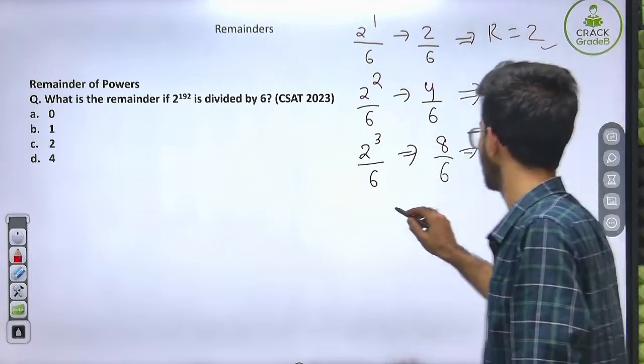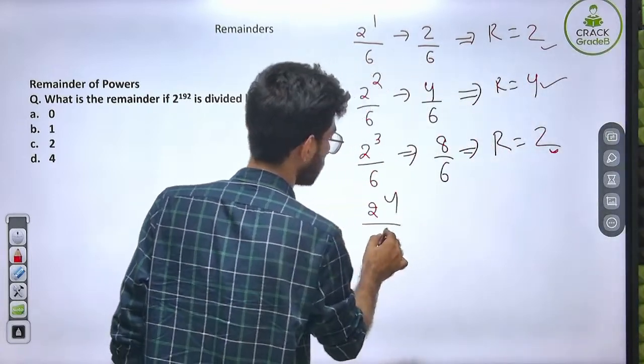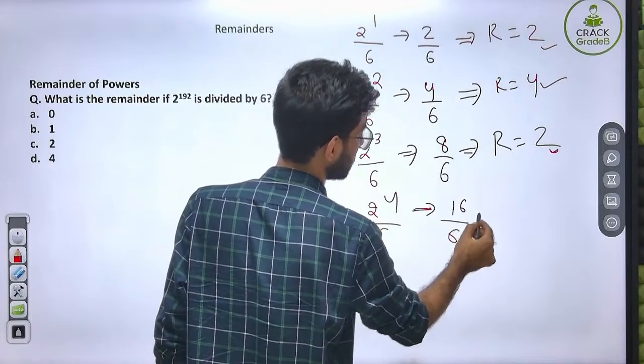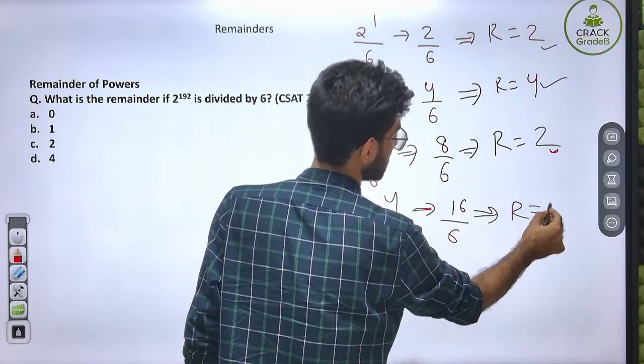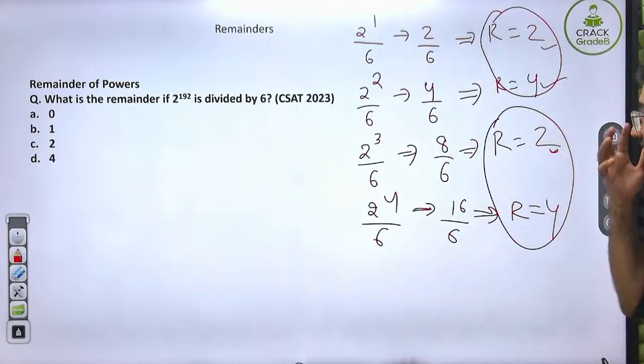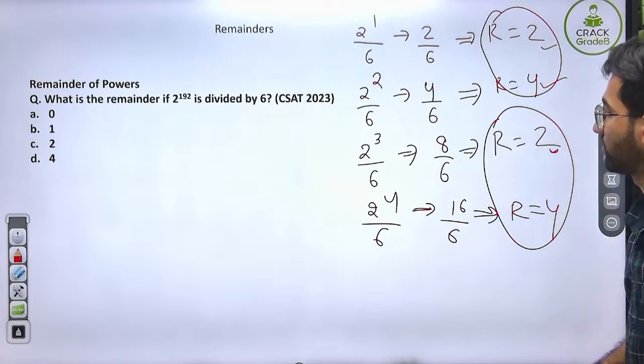Even if you solve it further, you will find 2 to the power 4 by 6 is 16 by 6, so obviously the remainder is 4. Are you able to notice these things? The remainders are repeating in the form of 2 and 4, right?